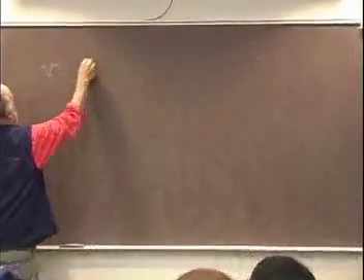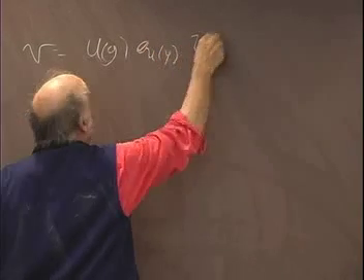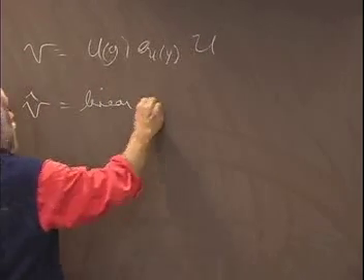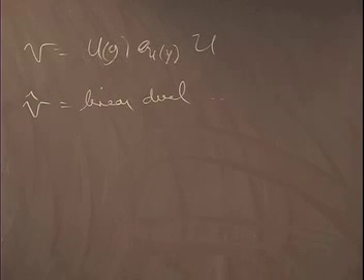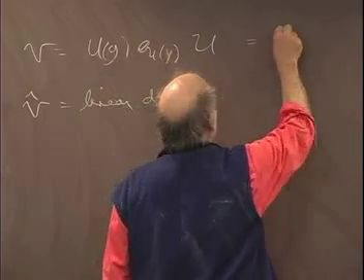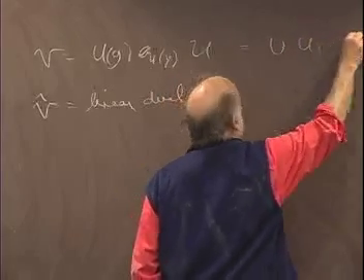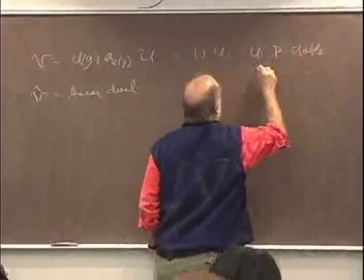Okay, now let's look at this space. Let V equal U(g) tensor over U(p) of U, and let's look at its linear dual. So this is a union of a whole bunch of finite dimensional spaces on which n acts nilpotently.